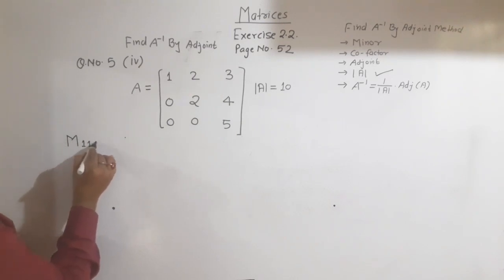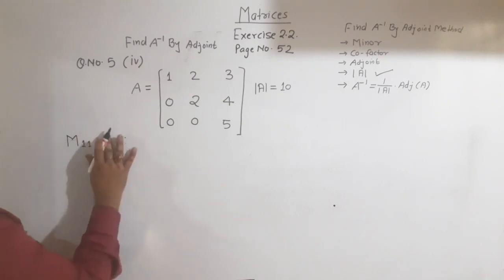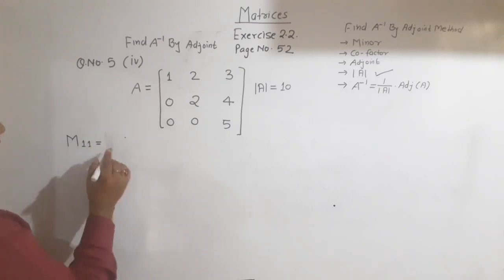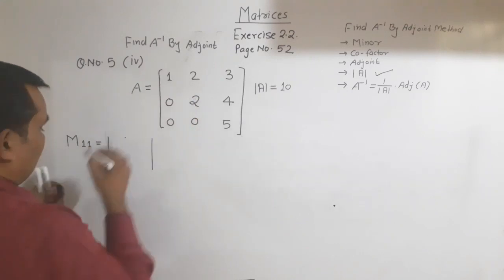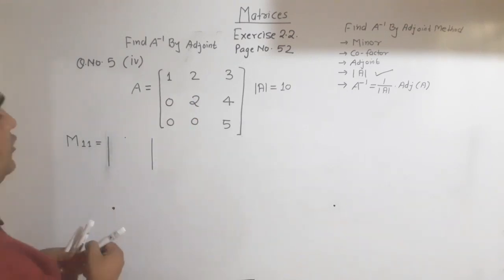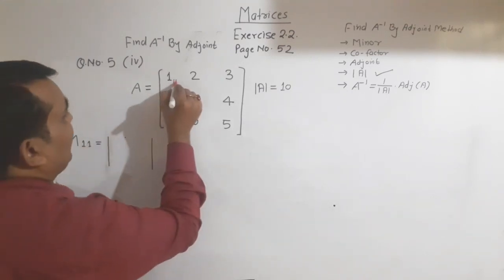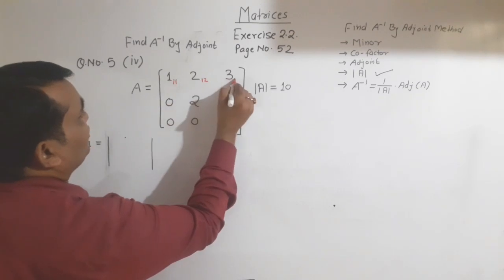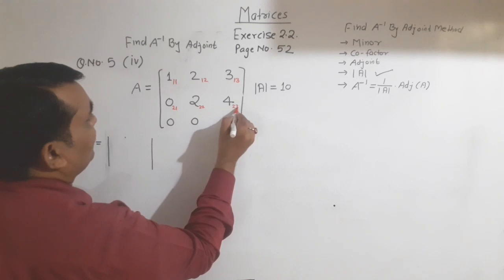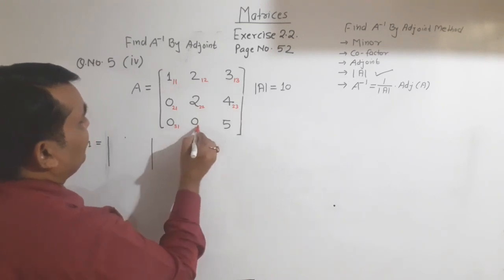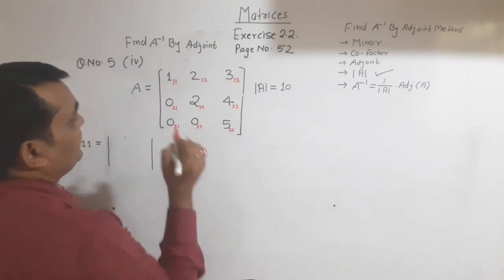Now I'm going to find the minor, that is M11. How to find M11? Try to understand. See, M11, again for your understanding, I am just going to write down the positions of all the elements: 21, 22, 23, 31, 32 and 33.